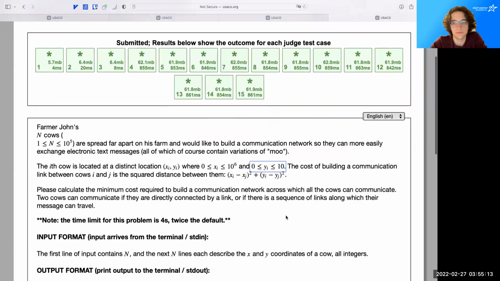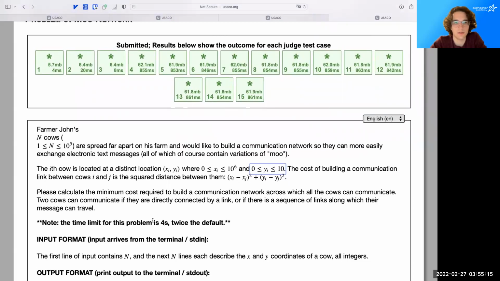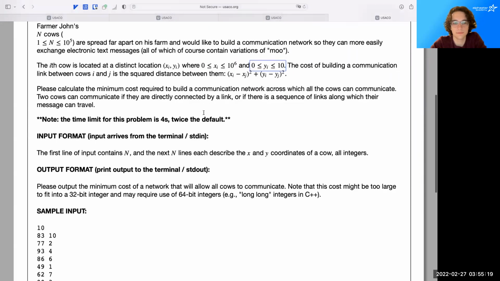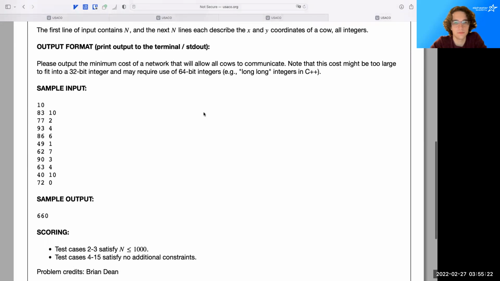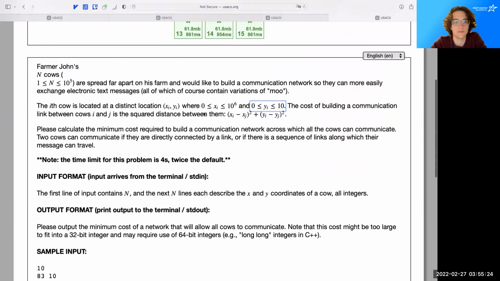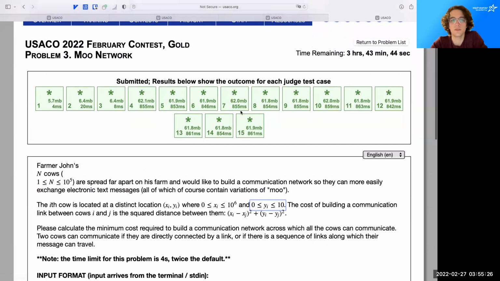They also doubled the time limit. I don't know if that was necessary because it seems we were well within the 2 seconds. So, yeah, that was a really quick problem. Of course, it's a smart move to do the one that you know how to do first, and so we can ignore this problem now.